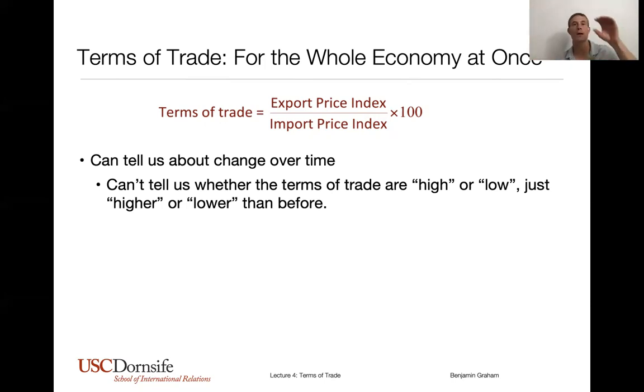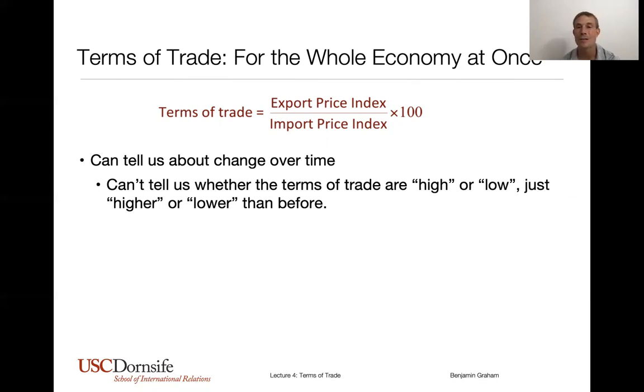So everything we exported in 2010 over everything we imported in 2010, we'll call that index 100. Just baseline that at 100, and then we'll see how the prices of everything we export are changing over time, how the prices of everything we import are changing over time, and that'll tell us whether the terms of trade are getting better or worse for us.